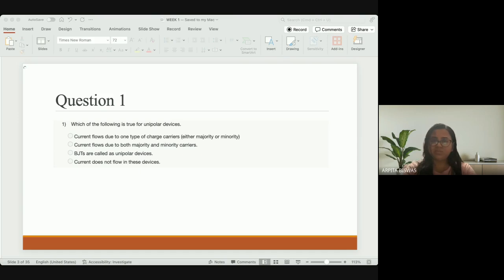So, please try to give the answer. Can you please elaborate why option A is the right answer?